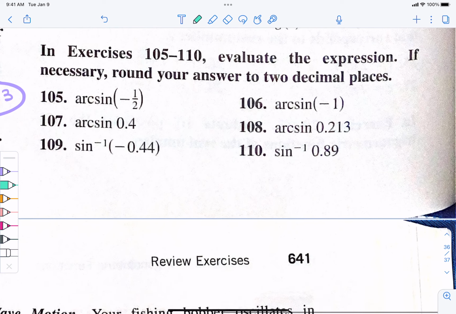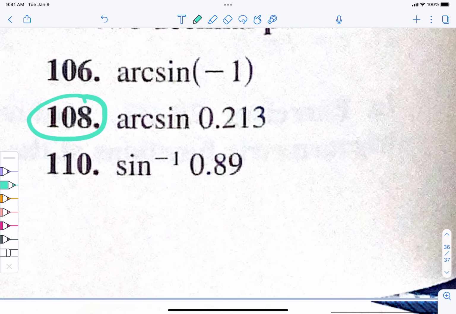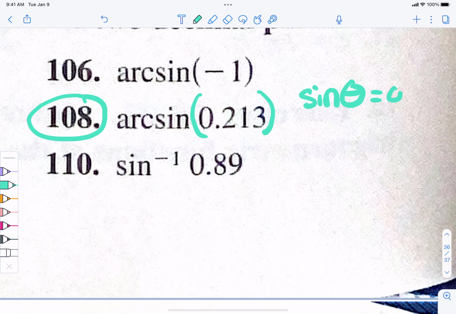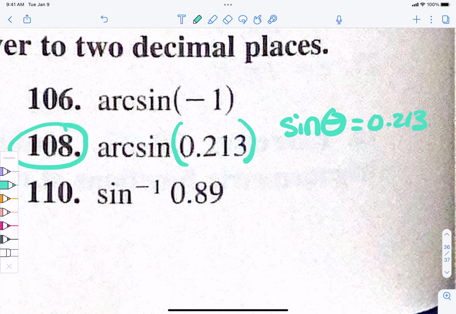108. Evaluate the expression if necessary. Round your answer to 2 decimal places. How do you do arc sine of that thing? Put the negative one. Here's the deal: arc sine means that sine of something is 0.213. Do I want to be in radians or in degrees?